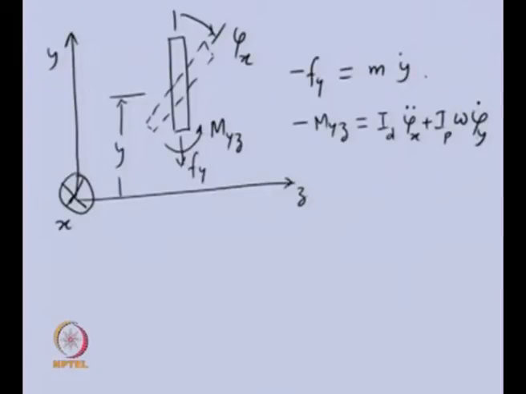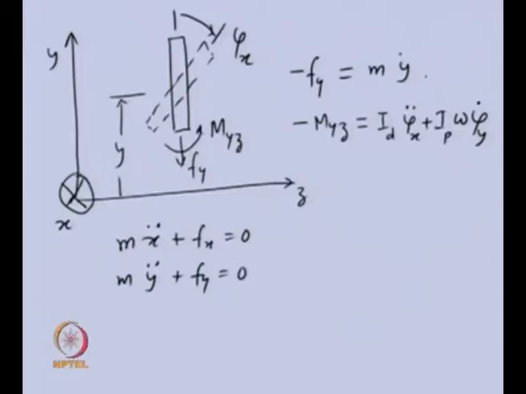Now we can see that we have got 4 equations of motion. They are x double dot plus fx is equal to 0 and y double dot plus fy is equal to 0.